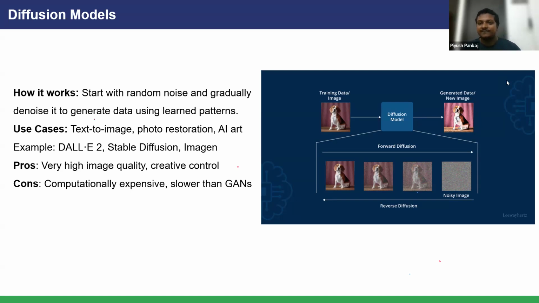You might have seen ads of apps in the market that take your very old, blurry photo and create a high definition photo of it. We are using a diffusion model in that case. It starts with random noise and gradually denoises it to generate the data using the learned pattern. Learned pattern means the old images that you have given.